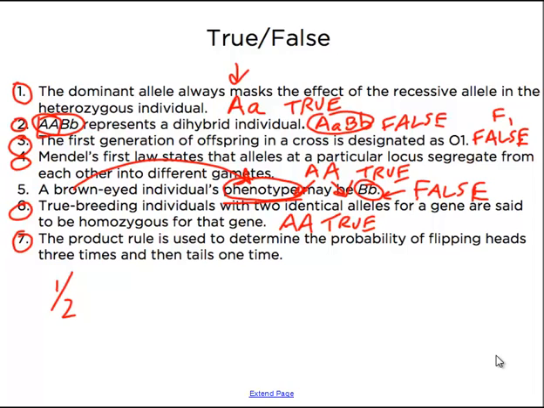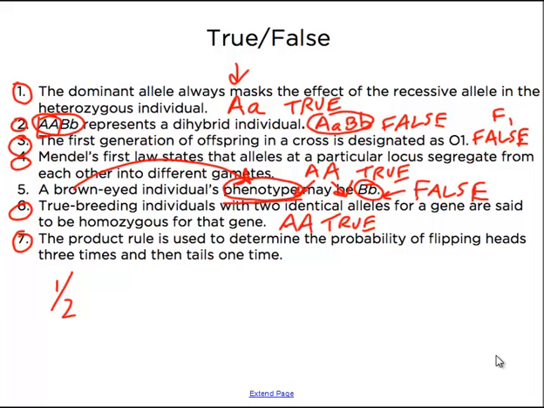Probability drives some people crazy. But basically, if they just said, hey, you flipped a coin 4 times, what's the probability of getting 3 heads and 1 tail without order? That's a different thing. If you want the order, it says heads 3 times and then a tail.